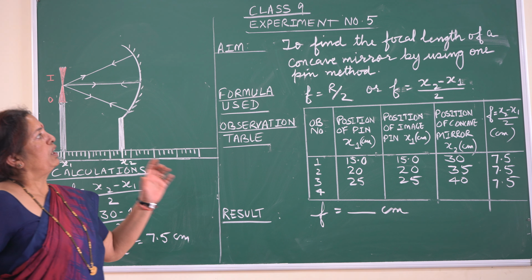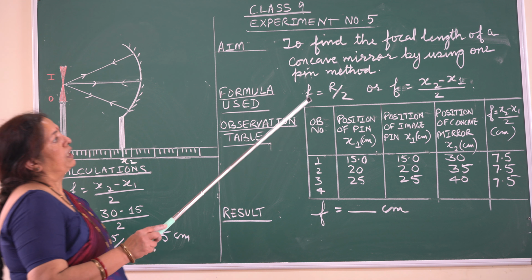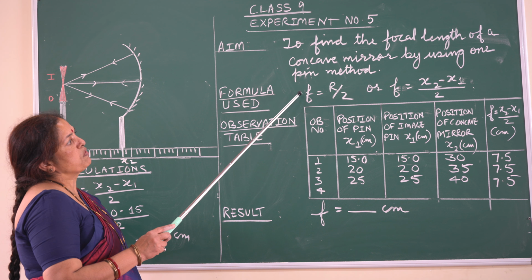Now, about the formula used. The formula used will be F is equal to R by 2, where R is the radius of curvature and F is the focal length of the concave mirror.